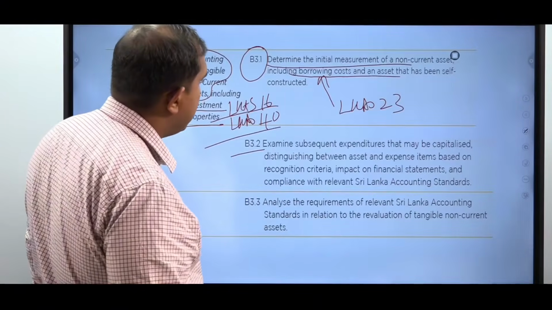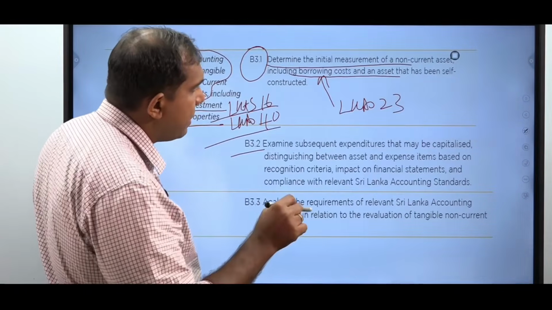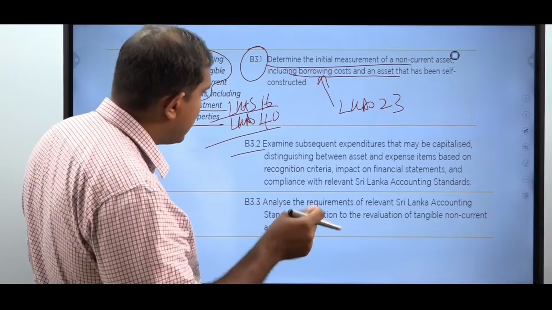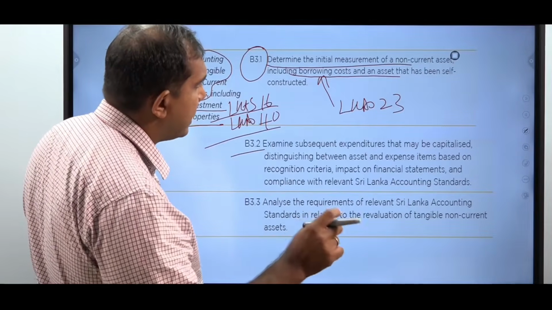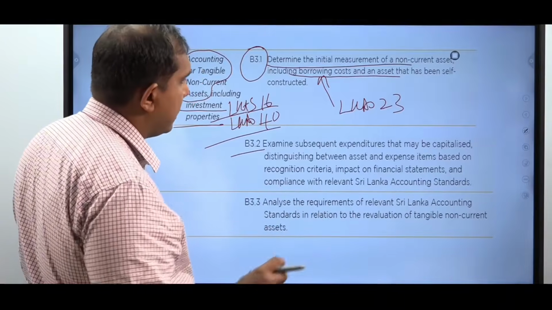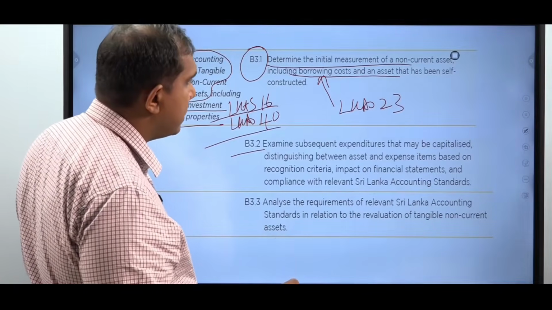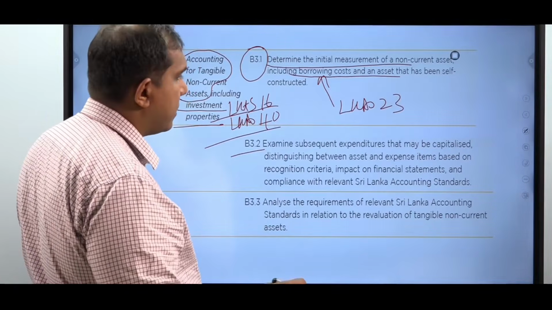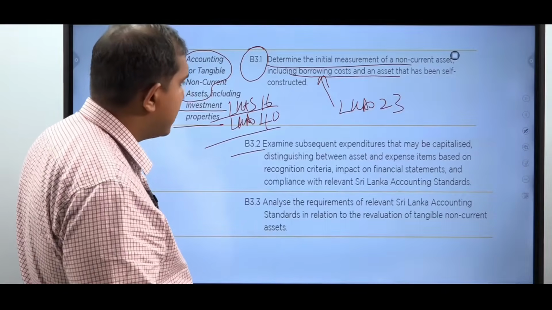3.2, examine subsequent expenditure that may be capitalized, distinguishing between asset and expense items based on recognition criteria, impact on financial statements, and compliance with relevant accounting standards.